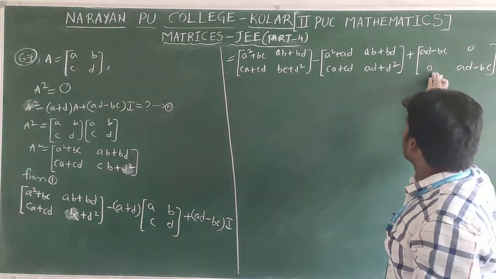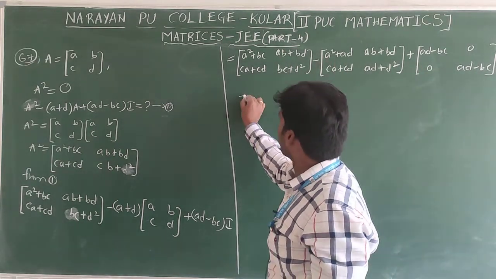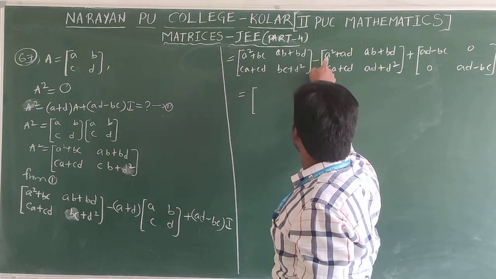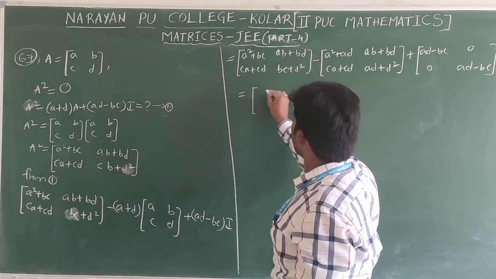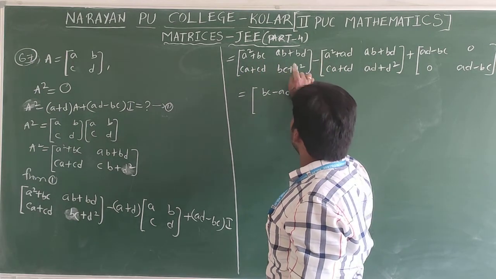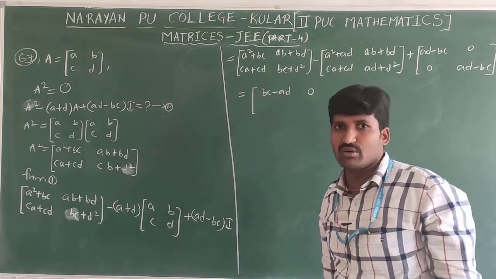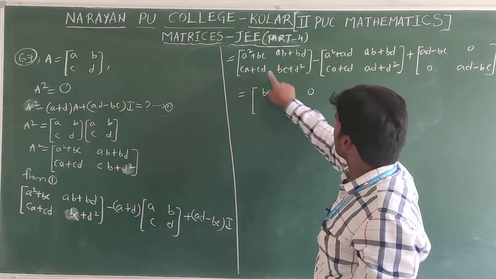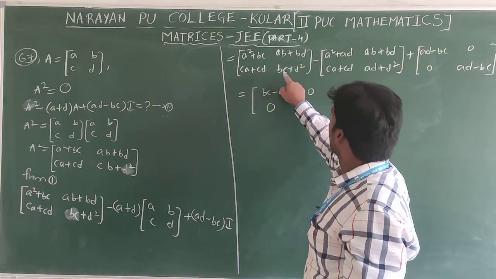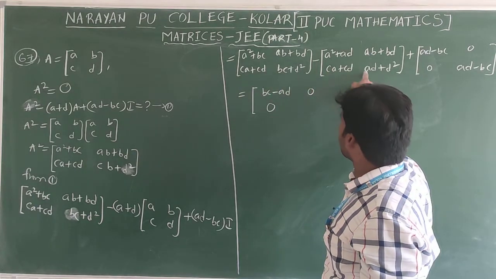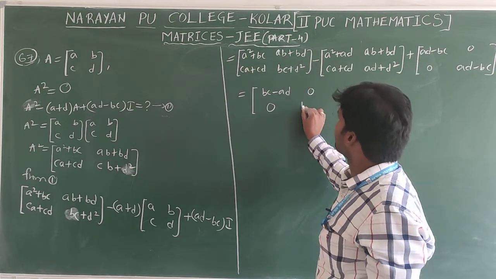Now first subtract these two, what will we get? A square cancels, BC minus AD. Next AB cancels, BD also cancels, 0. CA minus CA, CD cancels, total 0. BC minus AD, D square gets cancelled.